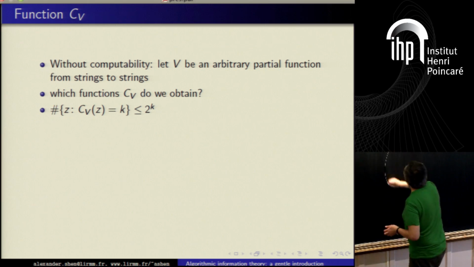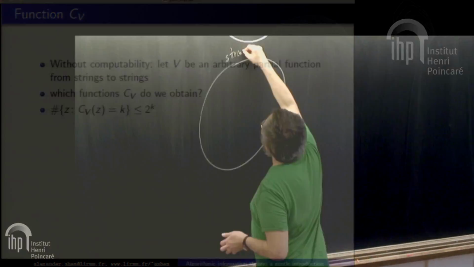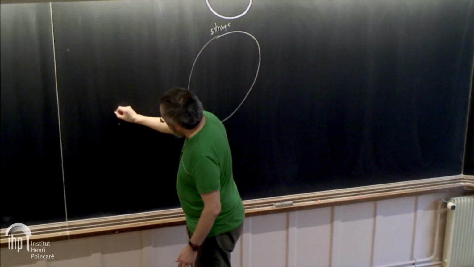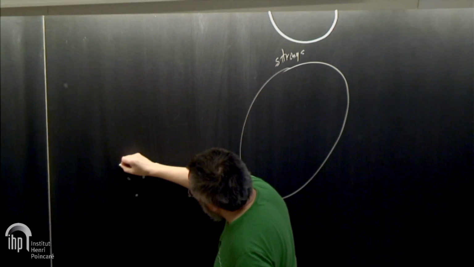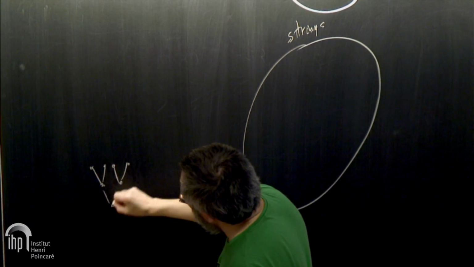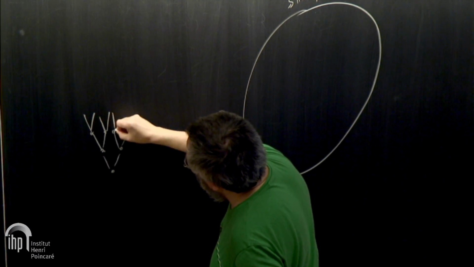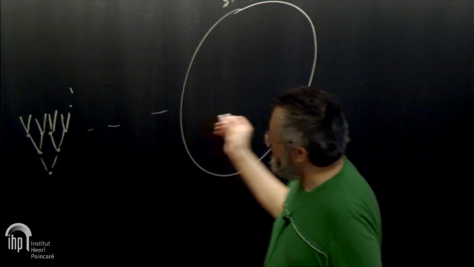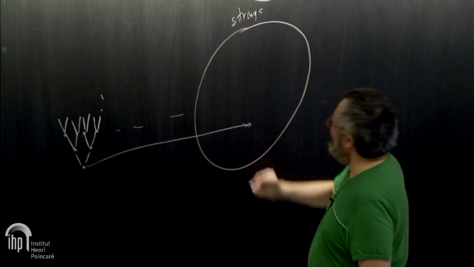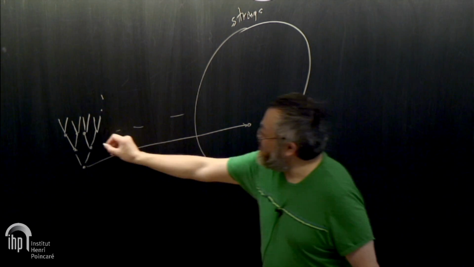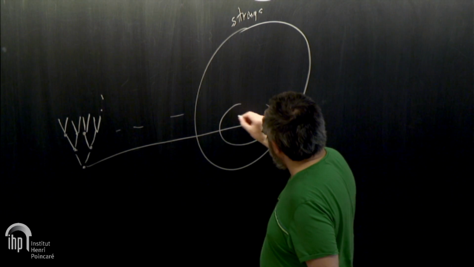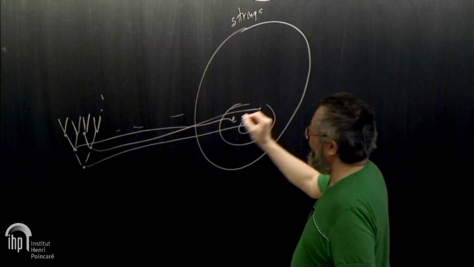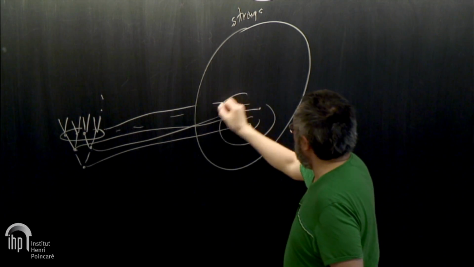So we have descriptions: one description of length 0, 2 descriptions of length 1, 4 descriptions of length 2, and V maps these to some strings. So there is at most 1 string of complexity 0, maybe two strings of complexity 1, and 4 strings of complexity 2, and so on.